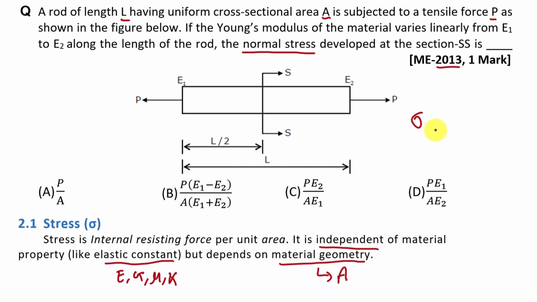So here we can say that value of stress does not depend on value of Young's modulus. It only depends on value of force and the cross-sectional area of this rod. And we know that normal stress is equal to P divided by A. So here our answer will be option A, P divided by A. So it is a very simple question, but you should have some idea that the stress does not depend on the value of E, G, mu and K.